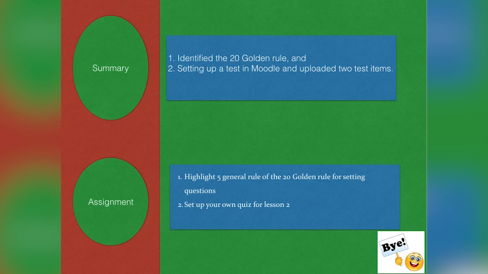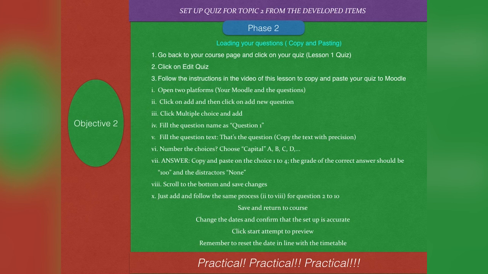But one more step, the second phase, before we go to the practical section. Still objective 2. Okay? You now want to load these questions. Having set it up, you want to load the questions onto the quiz. This step is so easy. It has 3 steps, and the third aspect is what I will demonstrate for you practically as we move to the practical aspects.